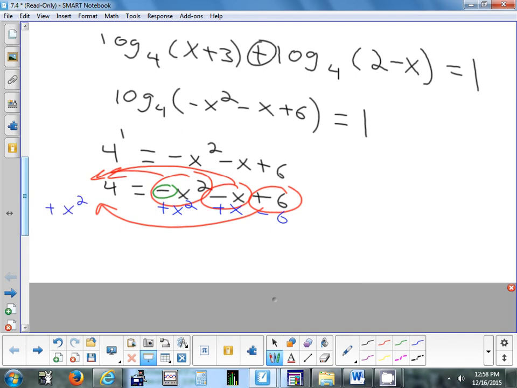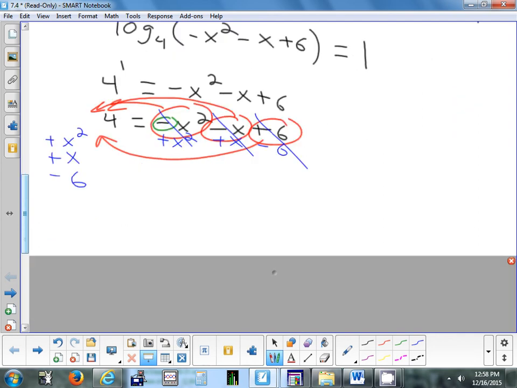So plus x squared plus x minus 6, all on the left. What's on the right-hand side now? 0. And I've got positive x squared plus x, and I had a 4, and I'm subtracting 6. Negative 2.